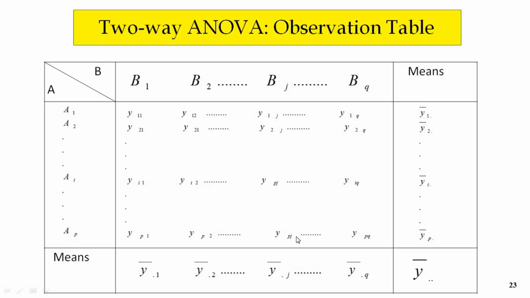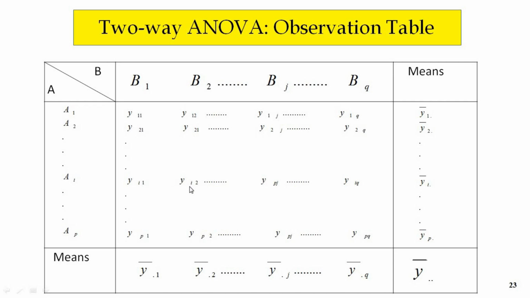So, this is the observation table for two-way analysis of variance. Here factor A, factor B, so A1, A2 up to AP and B1, B2 up to BQ. Then these are the means and this is called the grand total. How can we explain this observation table?